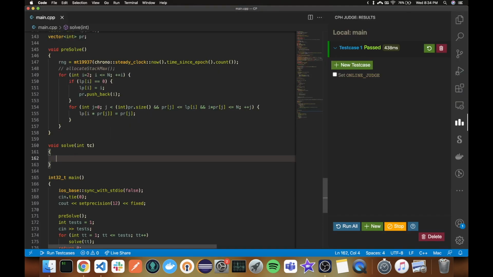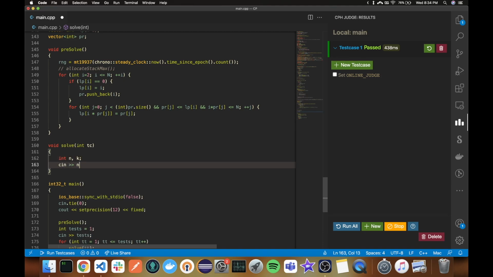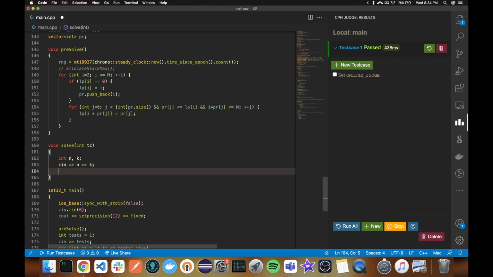So I take n and k. After n and k, I just need to know how many prime numbers exist greater than n by 2.